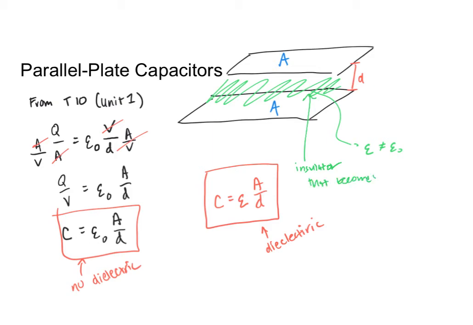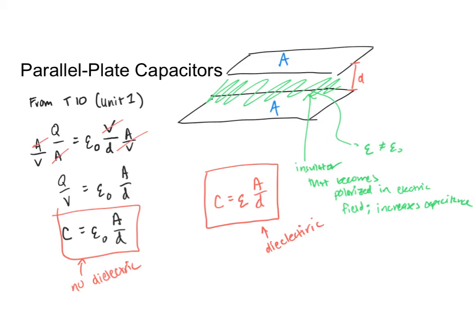So it is really good at enhancing or increasing the capacitance of a capacitor because of this property. So again, a dielectric is an insulator, so it's not conductive, but it does become polarized in an electric field, and therefore it can increase the capacitance of our parallel plates, which is really nice.